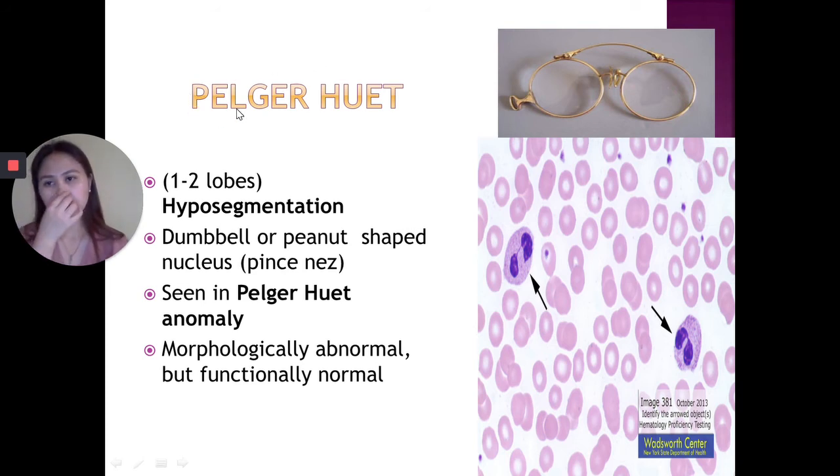So usually, when a patient has Pelger-Huet anomaly, these cells are often seen in their blood smears. Again, although its morphology is abnormal because neutrophils usually have 3 to 4 lobes, the function of this Pelger-Huet cell is normal.